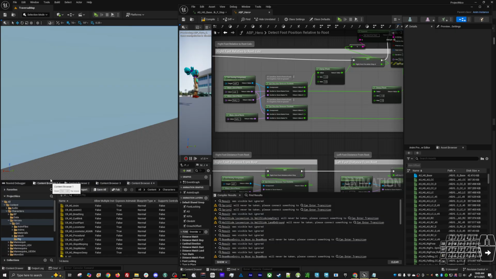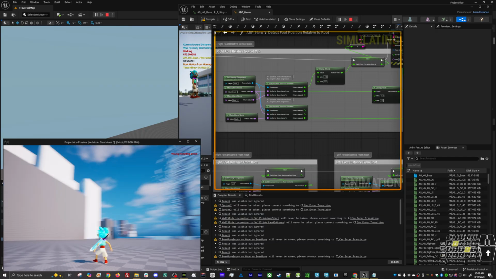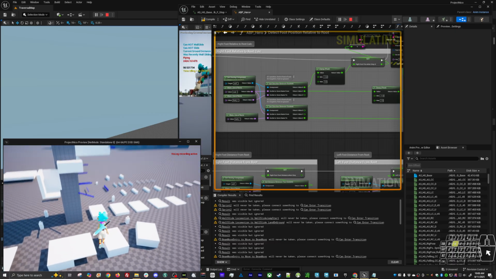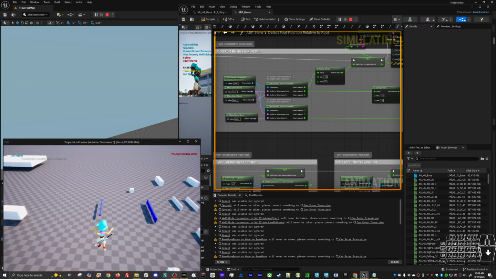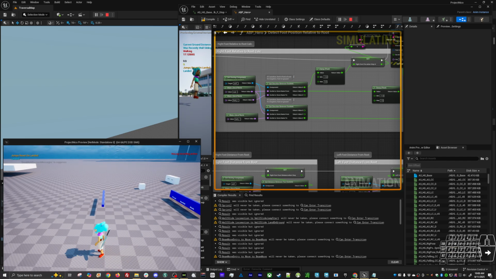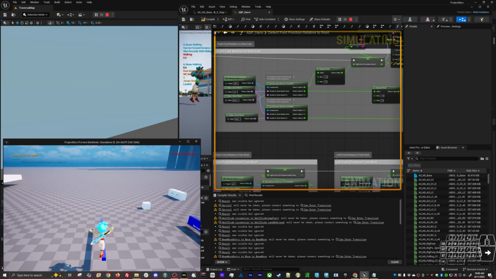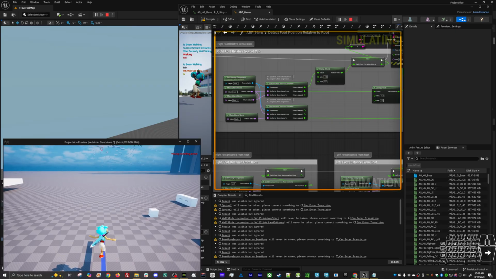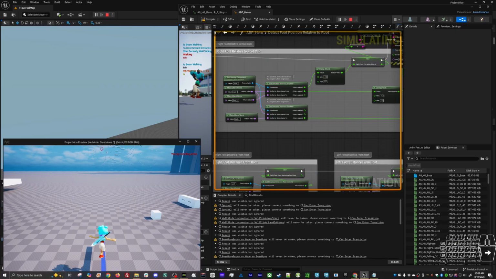Okay. You make a print string change and everything goes haywire. Okay, we are here, getting up. -1, 1, -1.